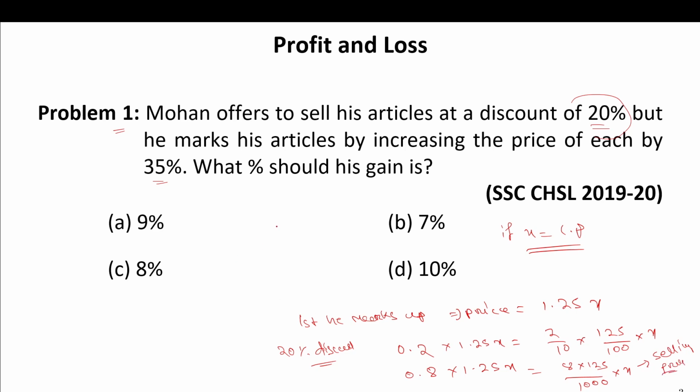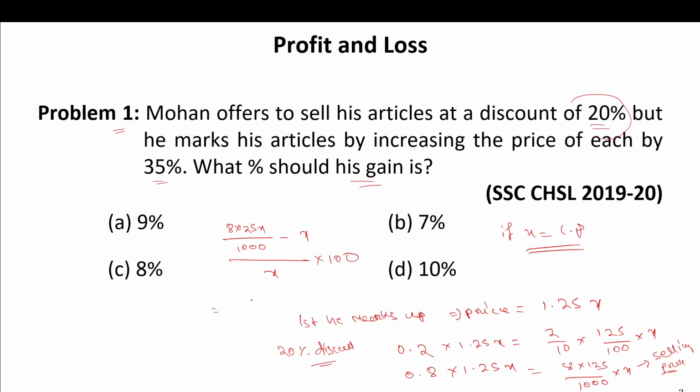Okay, so how do we calculate his gain percentage? It will be equal to 8 into 125x by 1000 minus x. So this much amount will be the gain, divided by the cost price. Cost price is x. This much whole by x into 100 will be the gain percentage.